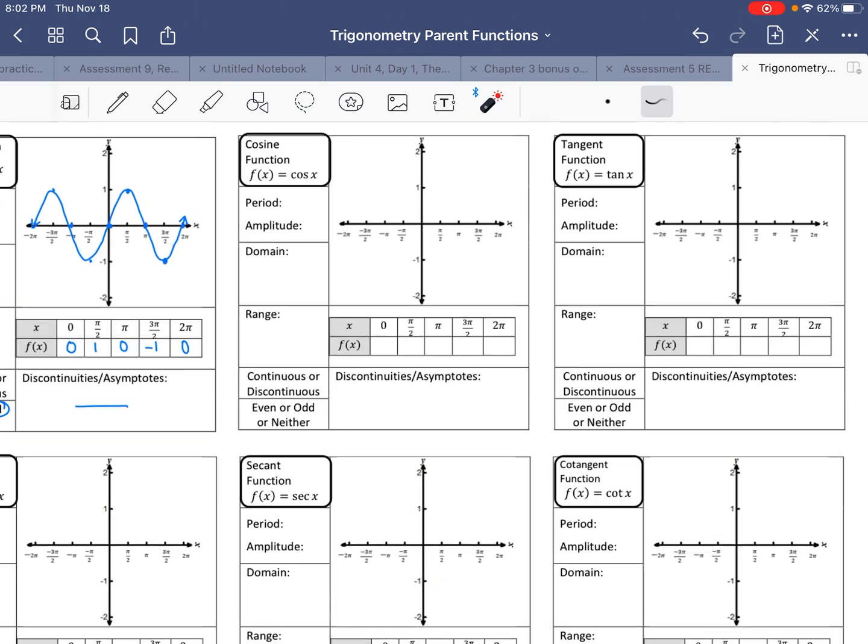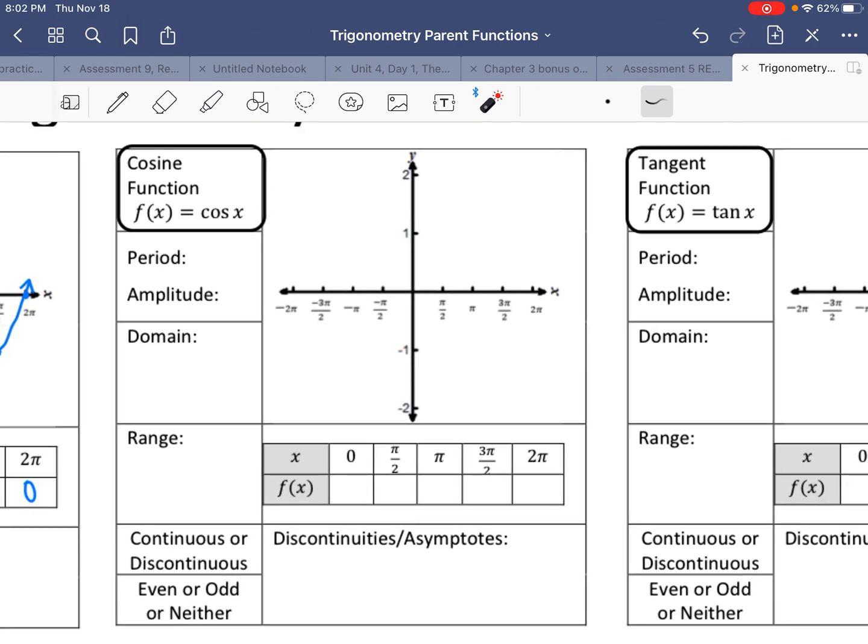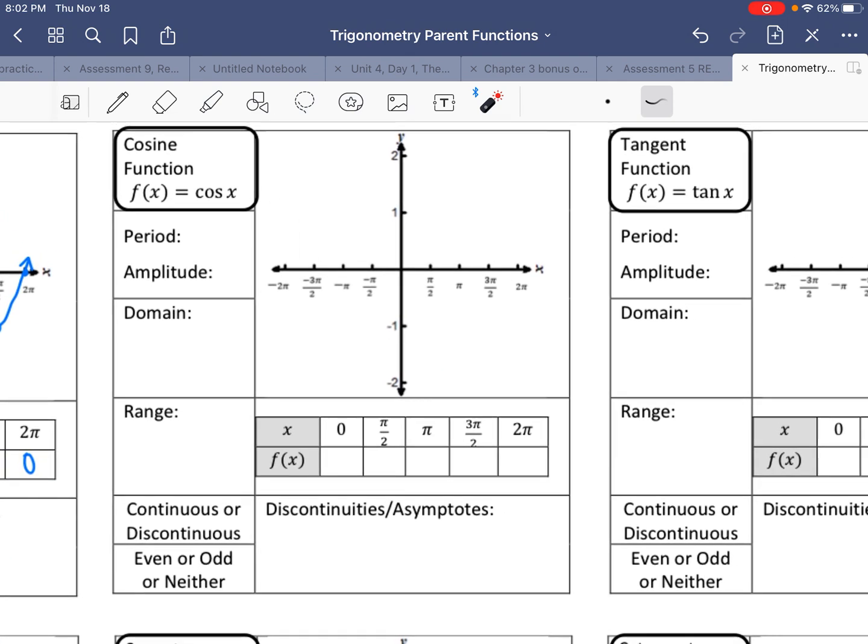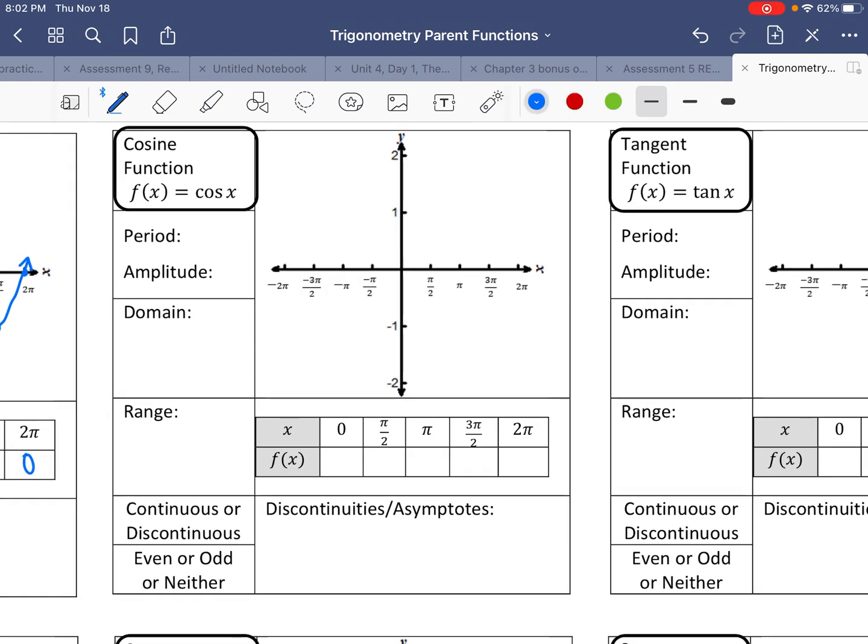On the cosine graph, something very similar happens. It's kind of like a sine graph, but you're going to notice that it's shifted over in a way. So again, look at the angles on the unit circle with me. At 0 degrees, the cosine is 1 because the coordinate at 0 is (1, 0), so the x value is 1.